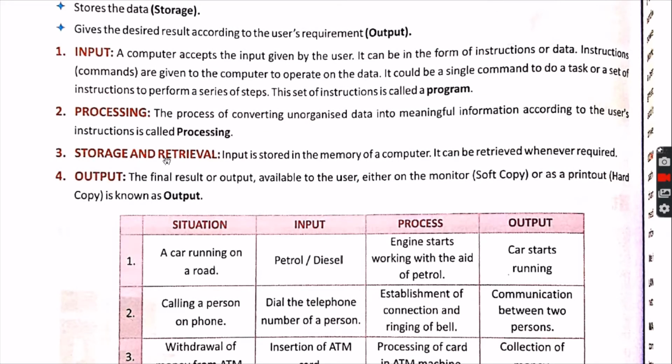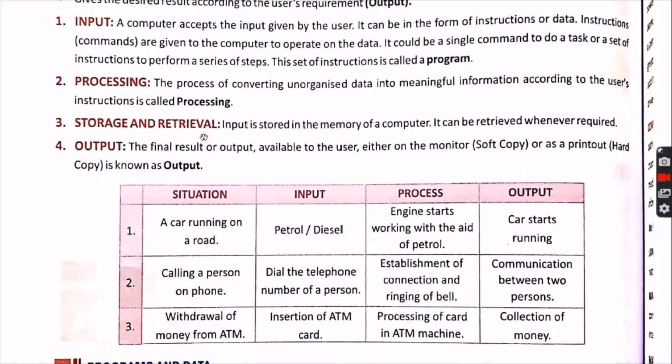The next one, third, is storage and retrieval. So input is stored in the memory of a computer and it can be retrieved whenever required. RAM stores the data temporarily when the computer is running, but when the computer is shut down, all the things from RAM get erased and it becomes blank, and that is why RAM is called a volatile memory.